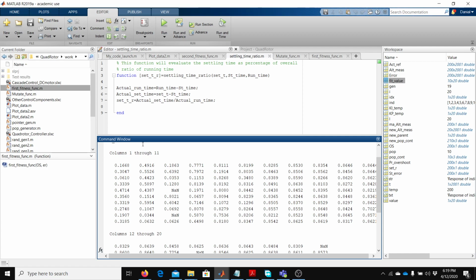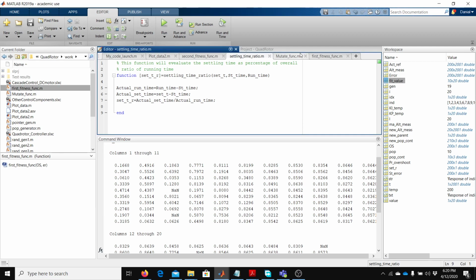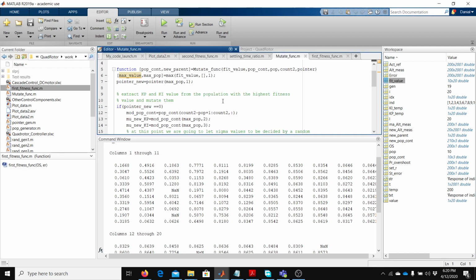As in the previous videos, we ran this simulation for 10 individuals, and then we took the highest individual in that particular generation and mutated it. The mutation process is similar to before, where, as described in the previous video, we take the new mu from the highest individual over here and make it the new mu, and with respect to that we are able to reach new values of kp and ki.